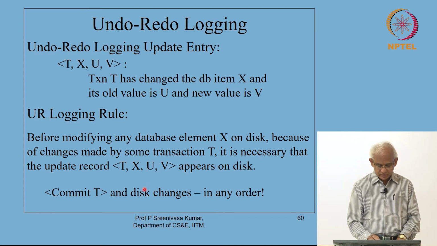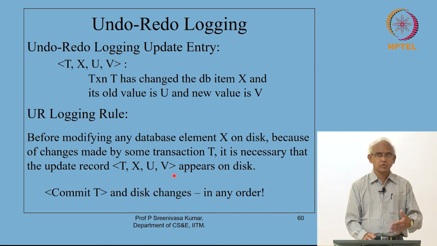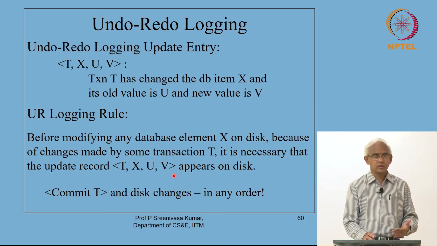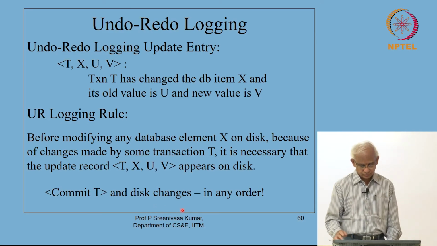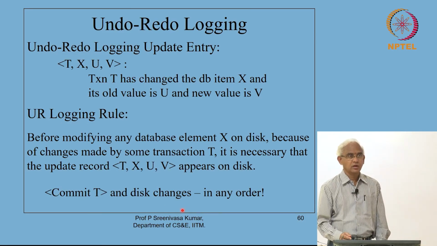And the commit and disk changes actually can happen in any order. Of course, commit will happen only after all the operations of a particular transaction have been completed, and the disk changes can be interspersed with commit.